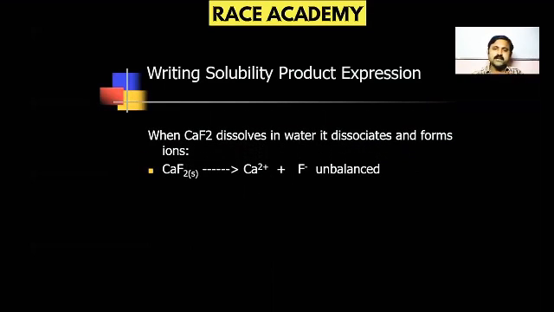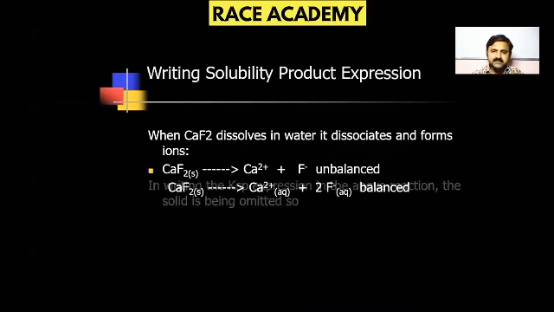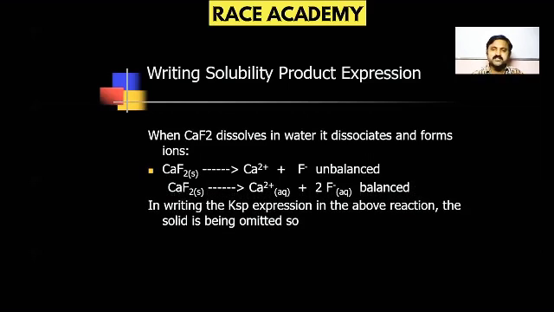Calcium fluoride is a solid, and calcium ions and F ions are formed. The equation is unbalanced, so you can balance it by putting 2 as the coefficient before F minus. Then we can write the KSP expression using Ca2 plus ions and F minus ions. KSP equals the concentration of Ca2 plus into the concentration of F minus power 2. This is called the solubility product expression for calcium fluoride.